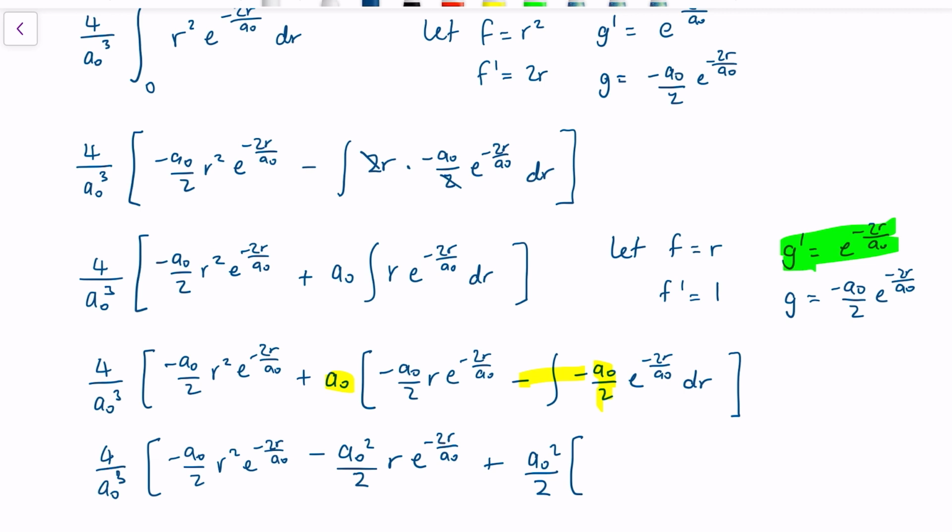That's multiplied by, we don't need integration by parts on this last one, it's just minus a naught over 2 e to the minus 2r over a naught.